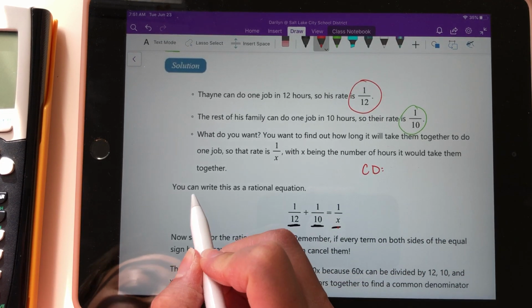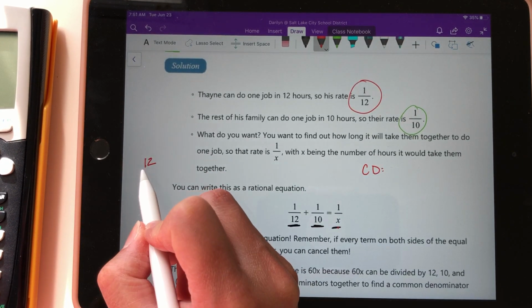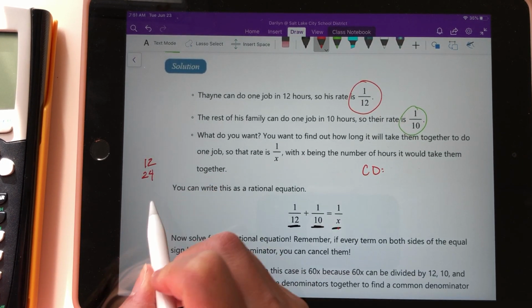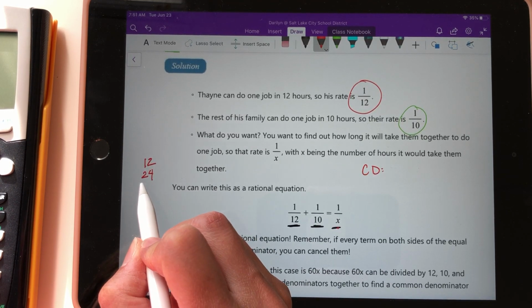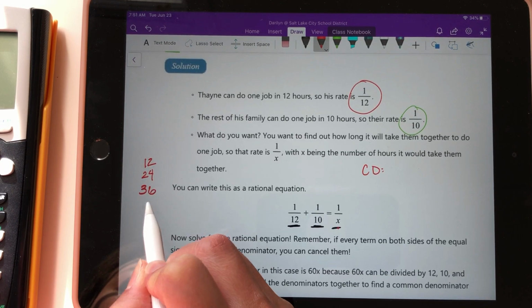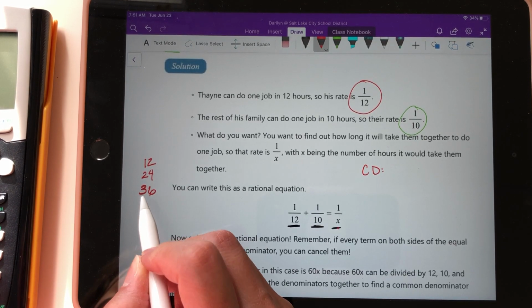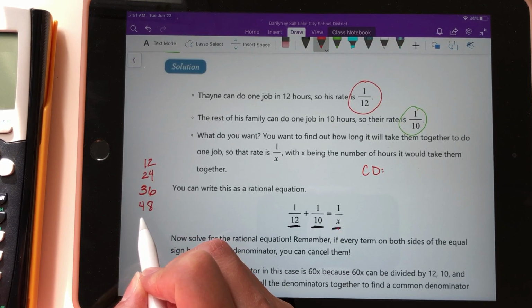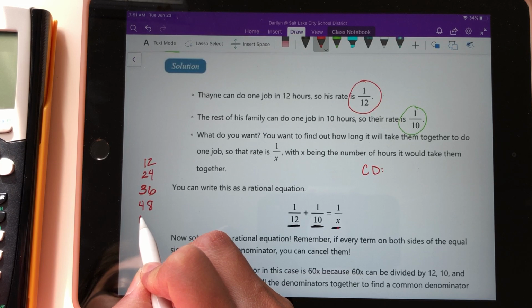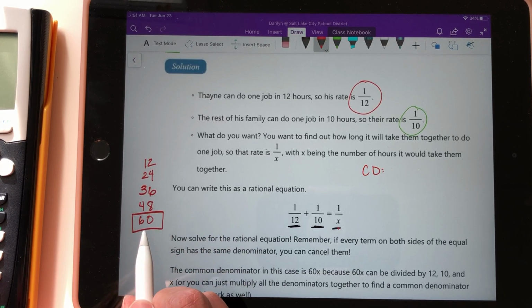So let's take multiples of 12. Well, 12, 24, that can be divided by 12 but can't be divided by 10. So let's go to the next one, 36, that can be divided by 12 but it can't be divided by 10. 48, which can be divided by 12 but not 10, and 60, which can be divided by 12 and can be divided by 10.